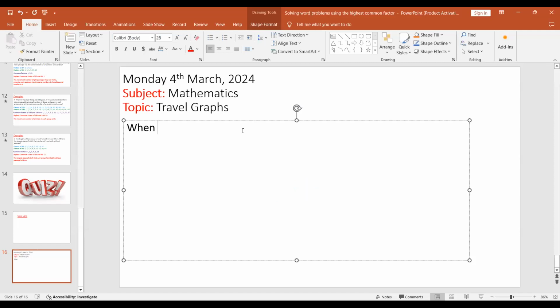Write this down for me, please. When considering travel graphs, a horizontal line means that the object is not moving.